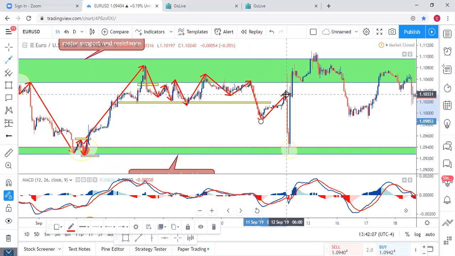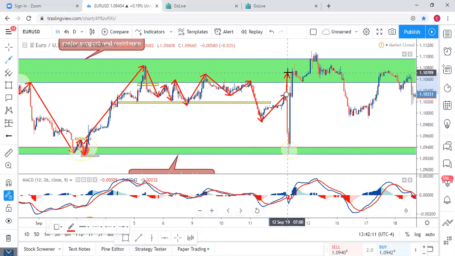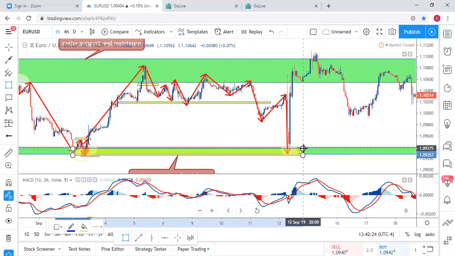Would have gone up here and then stayed there, came back down here, and came right back down to this major support area, right? This major support area that we have here, right?